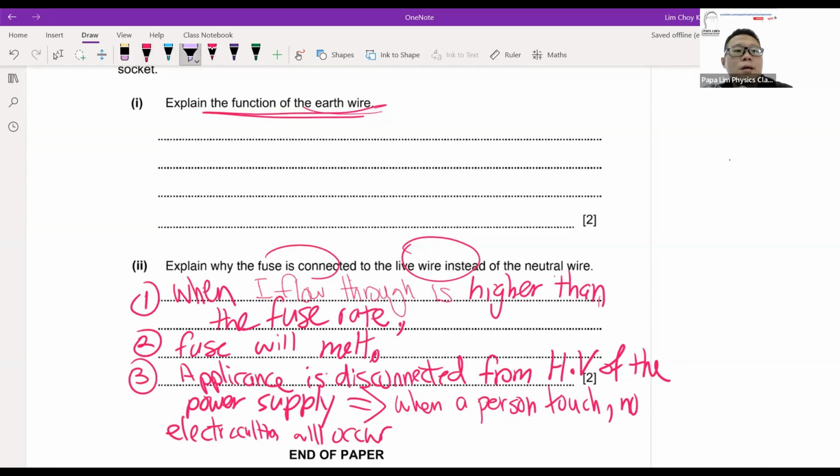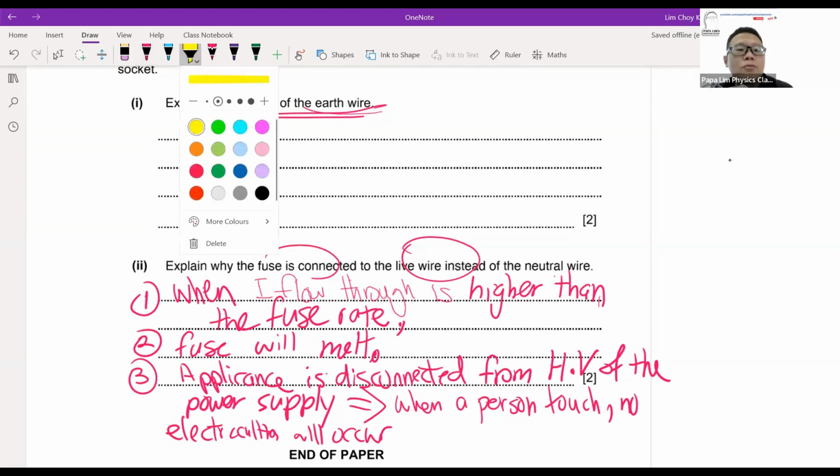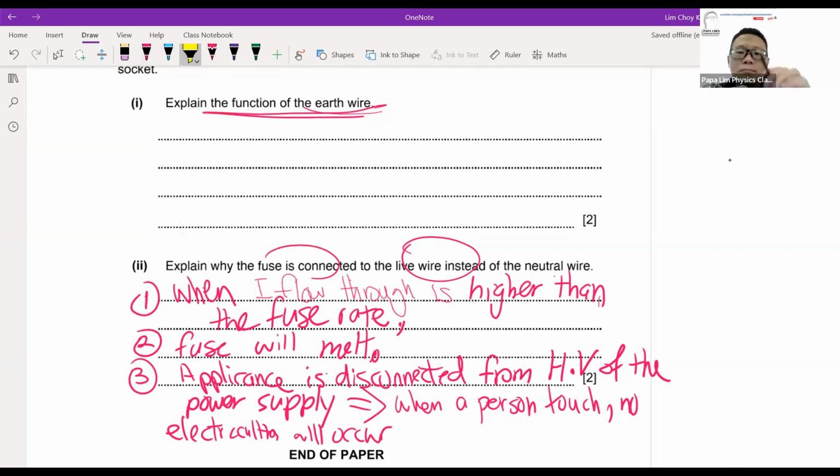So the keywords that we are highlighting here is, remember, the function of the fuse. For the fuse to activate, the current must be higher than the fuse rating. So I need the students to tell me it's higher than the fuse rating. When it is, it will actually melt. What's the purpose of the fuse melting? Its main aim is to disconnect the appliances from the high voltage supply. And so when I disconnect it, there won't be any chance that anybody touches this, and no electrocution will occur.